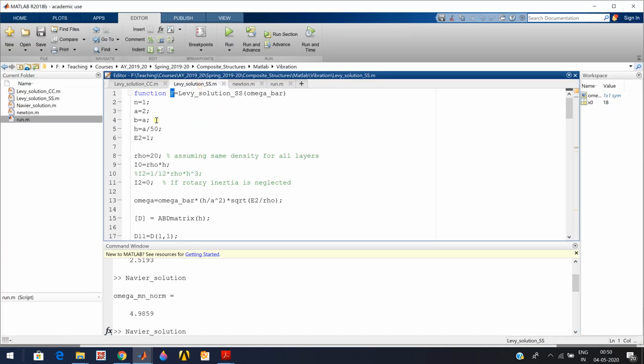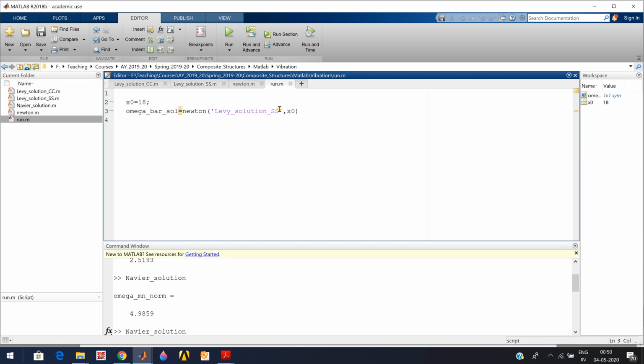So here I'll go, and I'll put n equal to 2. Even then I can start with this 18, but you will see it will give some different number. When the guess value is a little far, it takes time. So that's the issue.